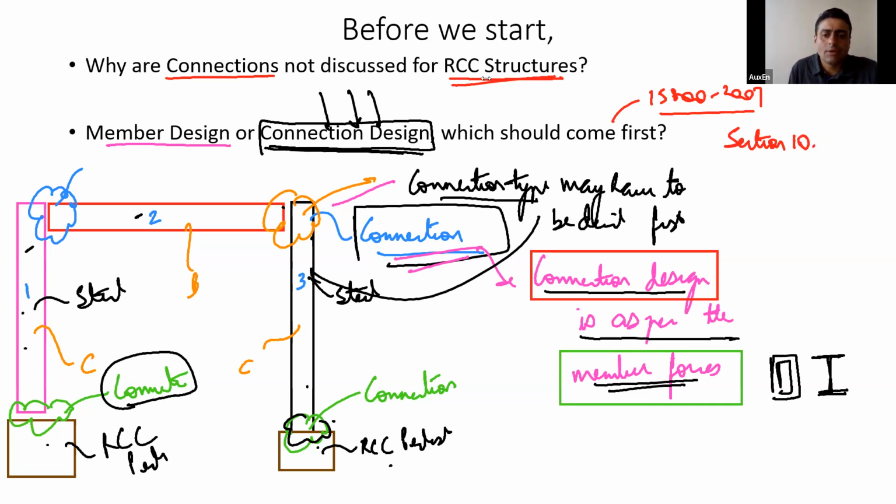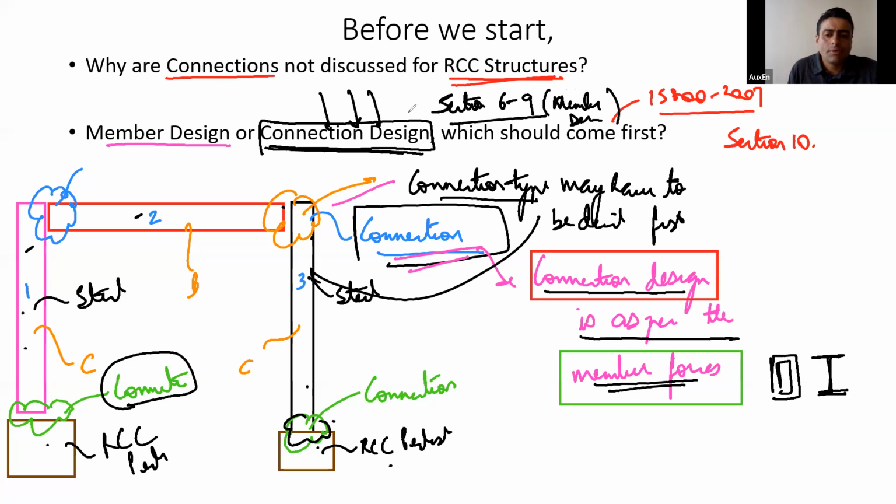So section 10 covers the connection design. And if you see section numbers 6 to 9, I'm talking about IS800 2007, they mainly cover the member design. So in the IS code, they have covered the member design first, followed by connection design later.